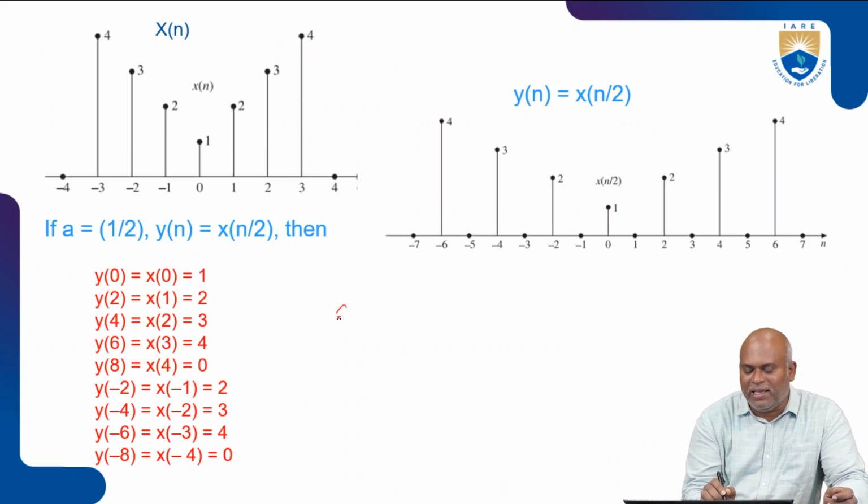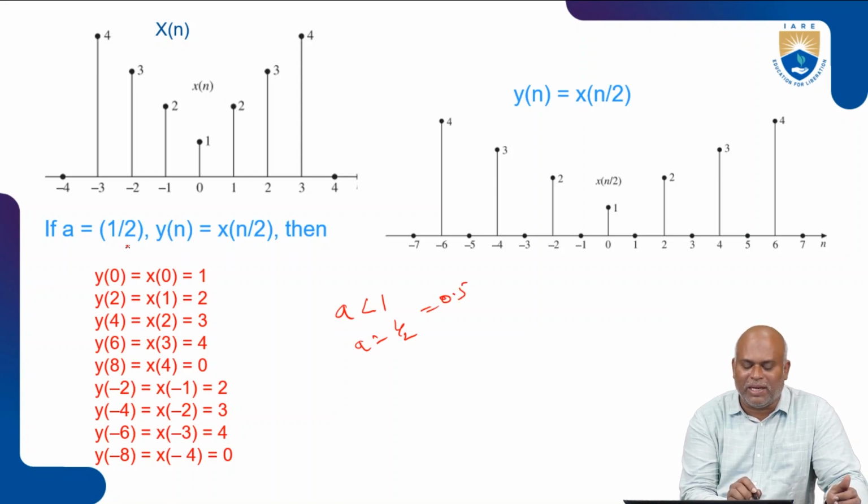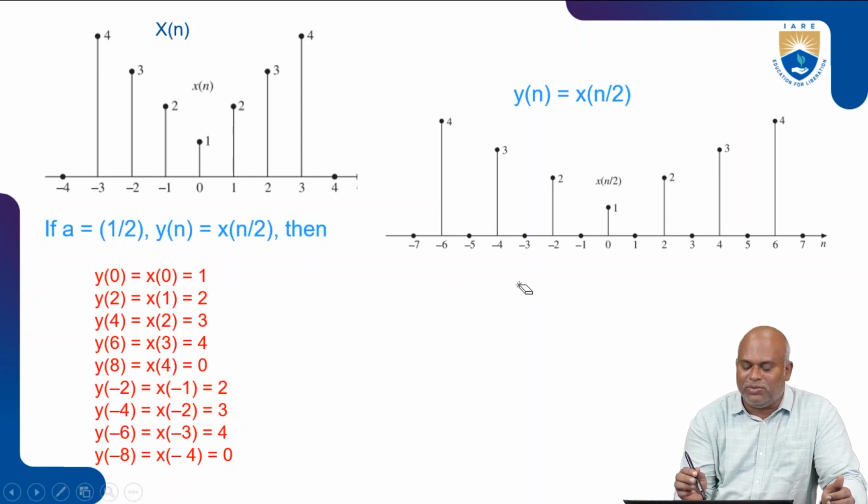When a is lesser than 1, see here, a lesser than 1 means a is equal to 1 by 2. This represents 0.5. So here I take a equal to 1 by 2. Now y of n is represented as x of n by 2.